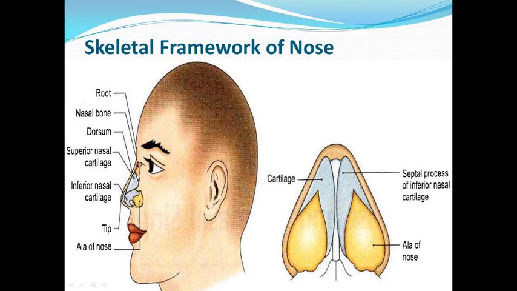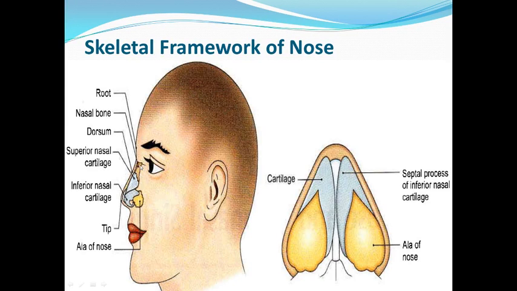Now, for descriptive purposes, the nose is divided into two main parts: the external nose and the internal nasal cavity. Here I will define the skeletal framework of the external nose, which is partly made up of bones and partly of cartilages.